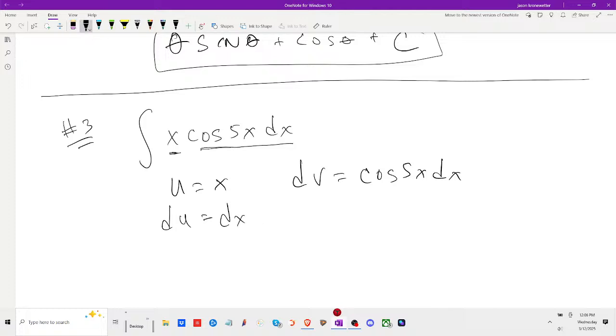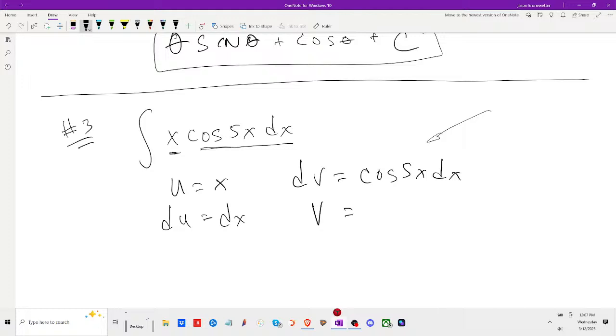And then from dv, we get v by integration. You don't want to have to go look this whole thing up on the Encyclopedia Britannica, if you even know what that is. I guess it'd be Wikipedia these days. So this is cosine 5x, and you want to be able to do this quickly so you don't have to do a u substitution.